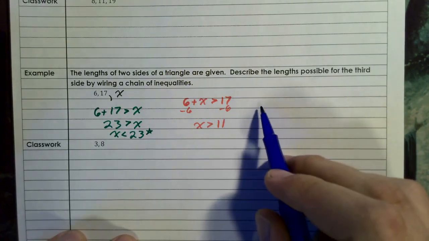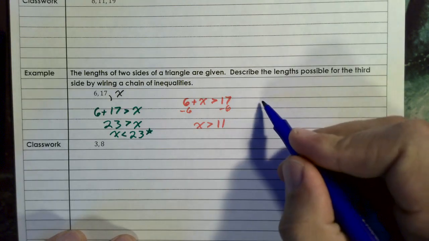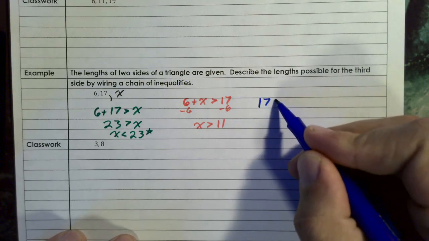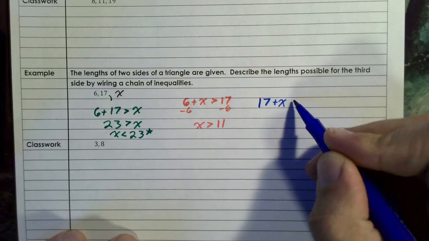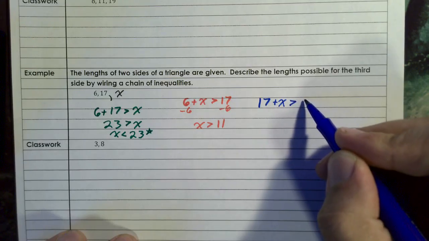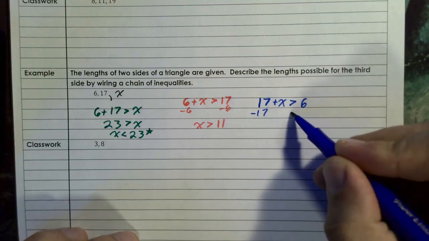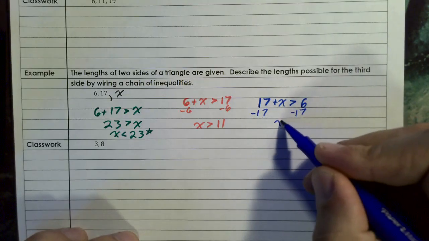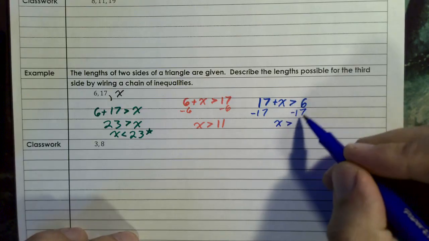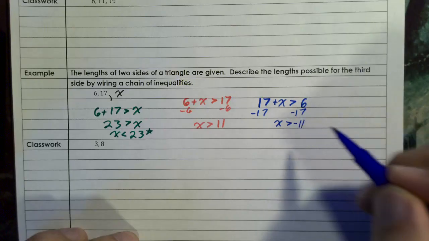So the last one is we could have 17 plus X has to be bigger than 6. So that means I've got to subtract 17 from both sides. So X has got to be bigger than, let's see, that's negative 11.